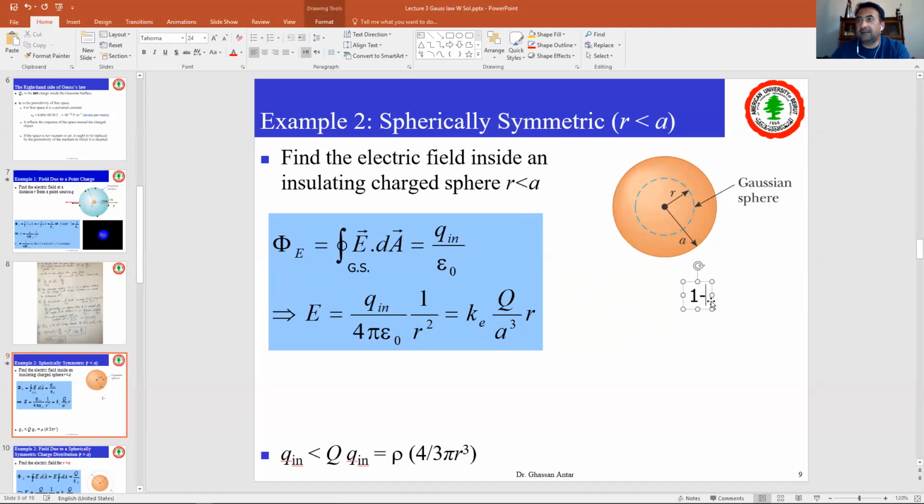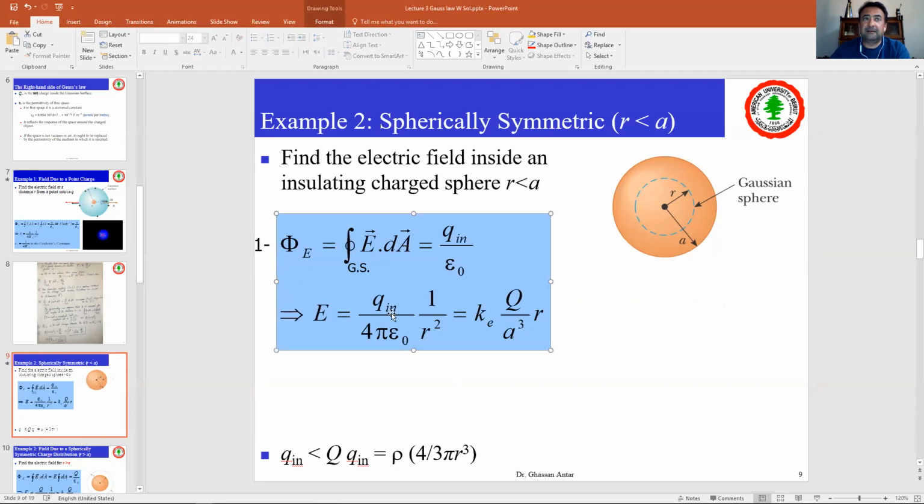Okay. One is to recognize that you must use Gauss's law. Two is to define the Gaussian surface. The Gaussian surface is a sphere.